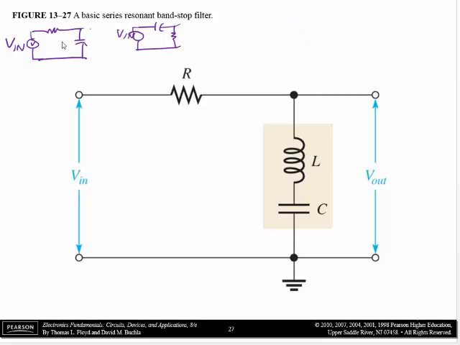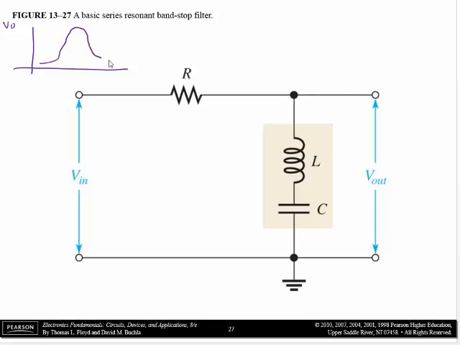So the same thing kind of applies with an RLC filter. If you take the output across the resistor, you get a band-pass filter. You get something where V out looks like this. Something is passed as a function of frequency. But if this is at a maximum across the resistor, then this must be at a minimum across this pair.